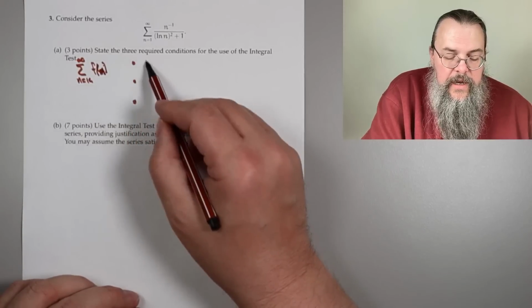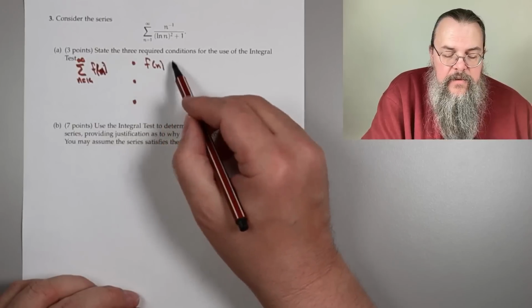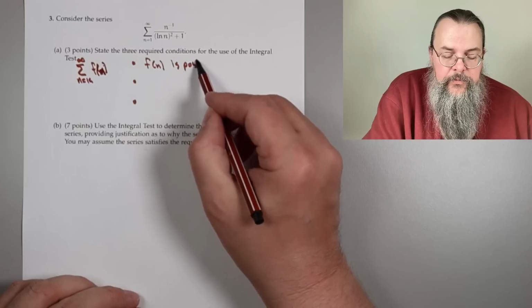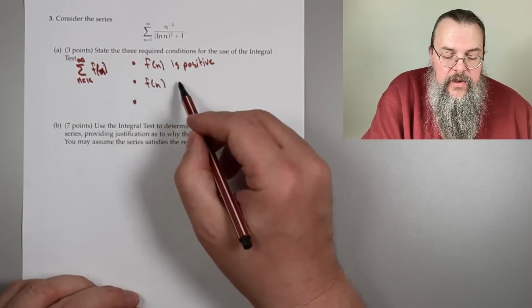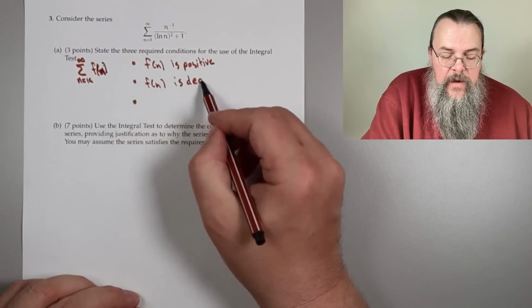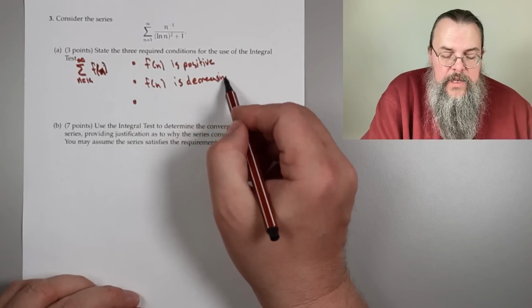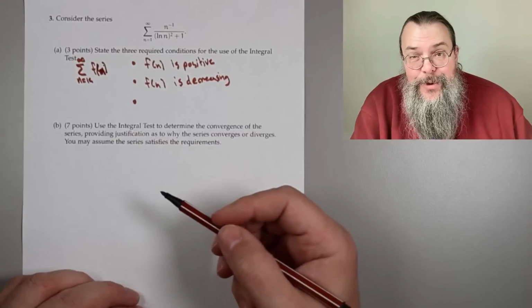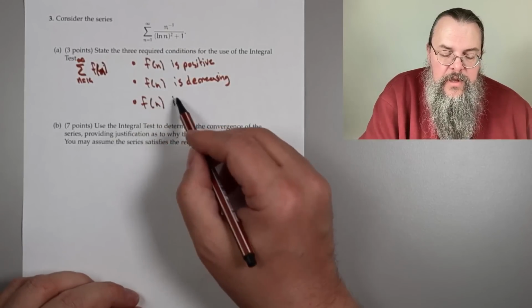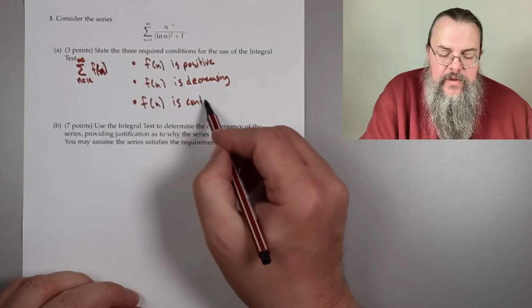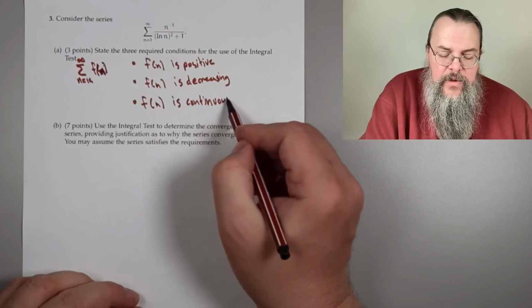We need that f of n is positive. We need that f of n is decreasing. And we need that f of n is integrable. And one way you can make things integrable that is very simple is continuous. So those are the things we're looking for.